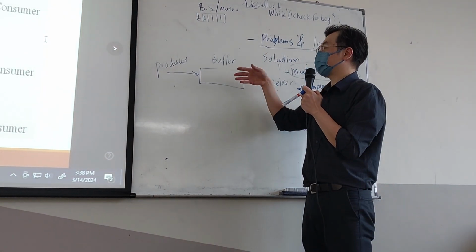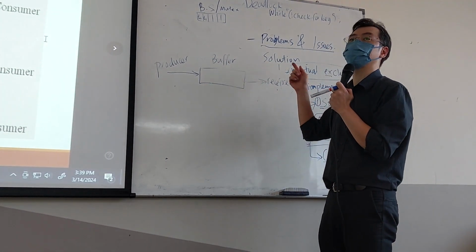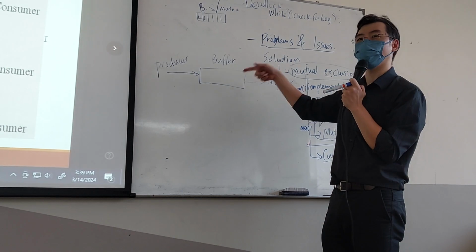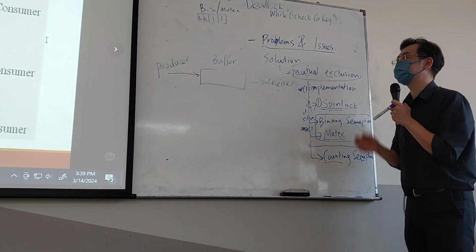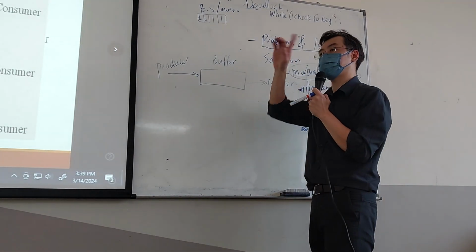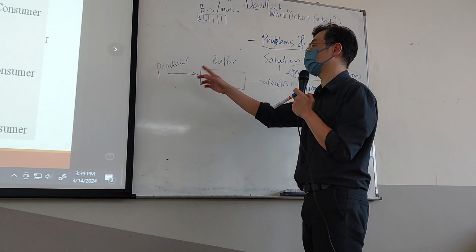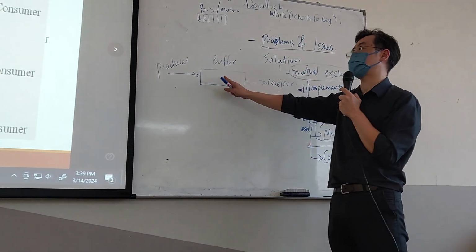And when both try to write at the same time without mutual exclusion, you find out that there is a race condition and they override one another and the data becomes inconsistent. Okay? So that is the topic we are going to talk about. But I talked about the buffer just to explain what the producer and consumer are in this case, what we need, and why we have a buffer.